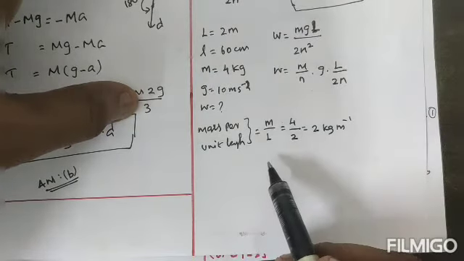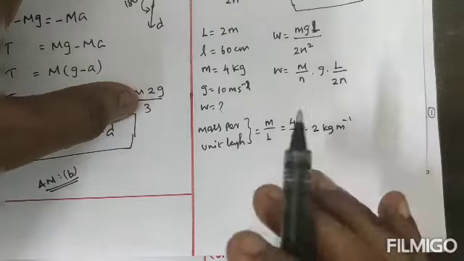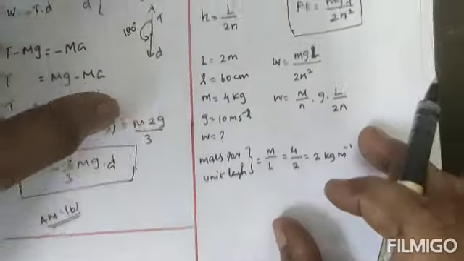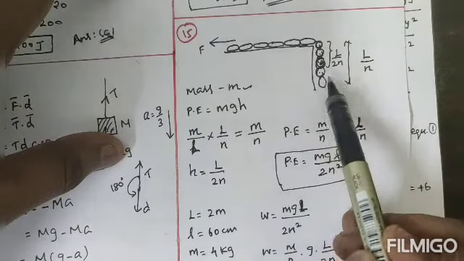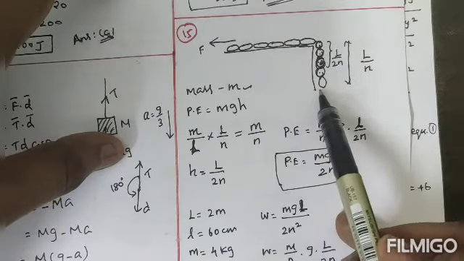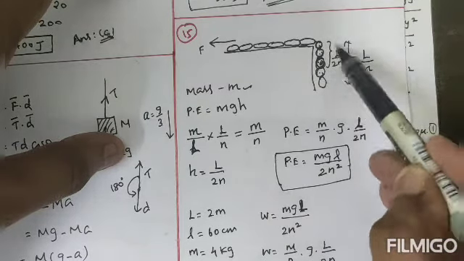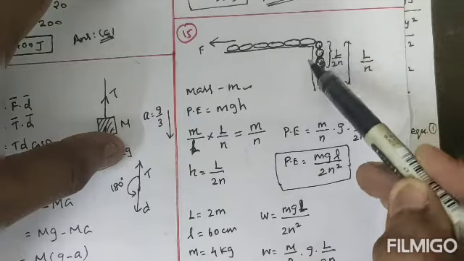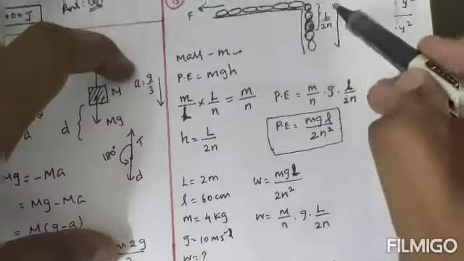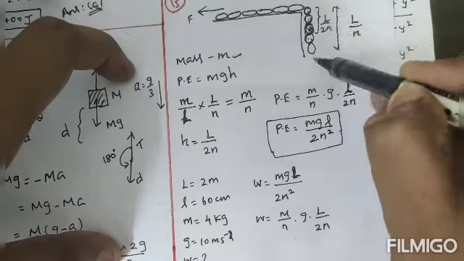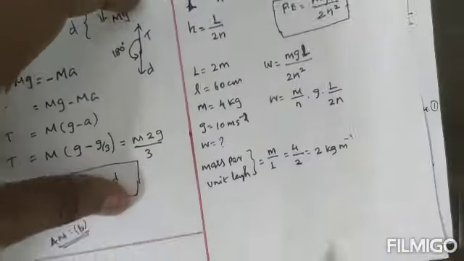This mass per unit length is available for the whole body, but we need it for the hanging part. The hanging part, you know, is 60 centimeter.